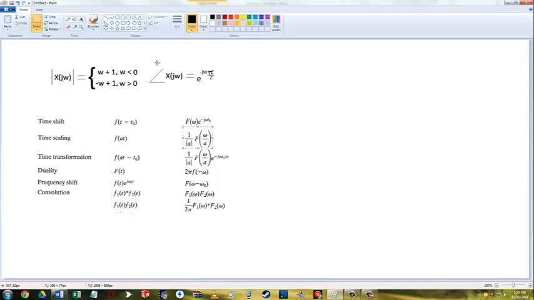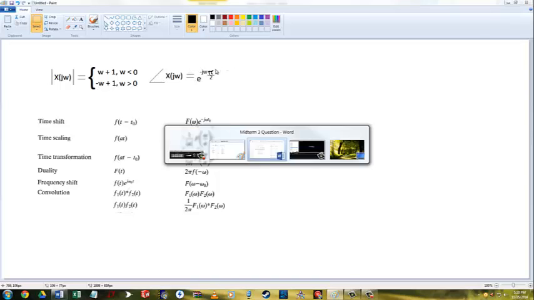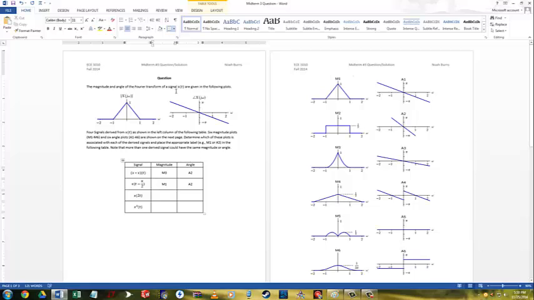So our angle response is going to become e to the negative j omega times pi over 4. And if we look through, the only thing that matches that is going to be a3, because that slope has now decreased to negative pi over 4.